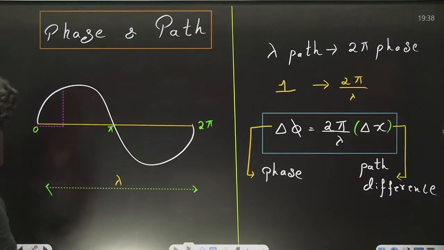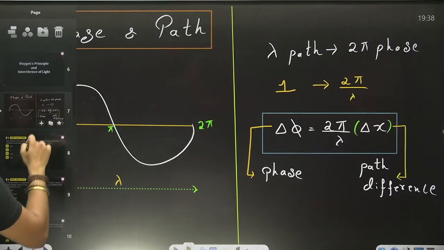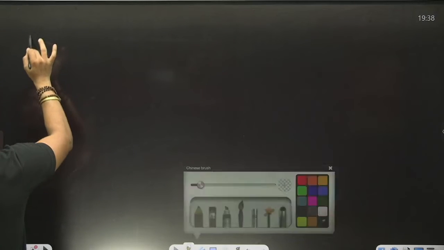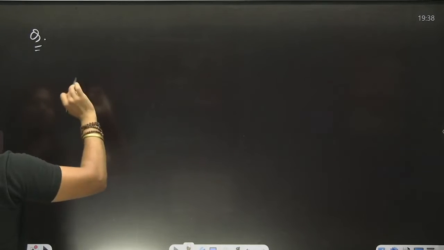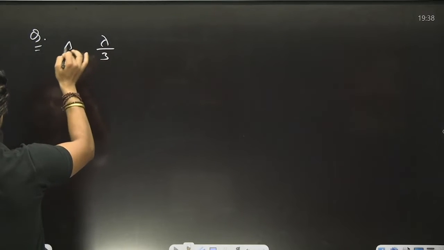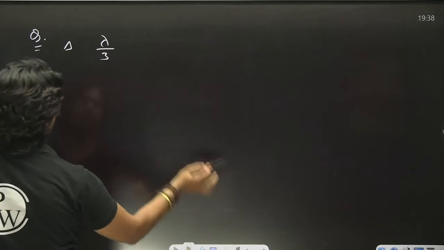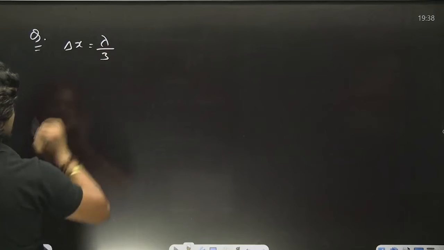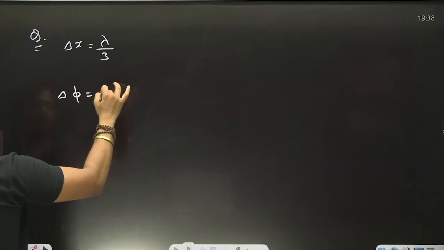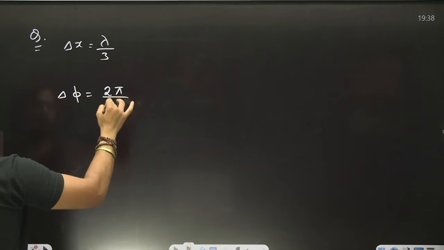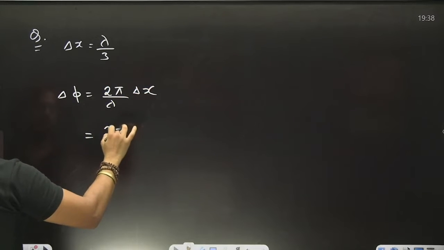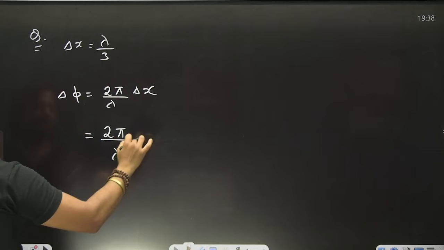Let me give you a simple question based on this fact. What is the phase difference corresponding to a path difference of lambda by 3? It corresponds to delta phi equals 2 pi by lambda times delta x.